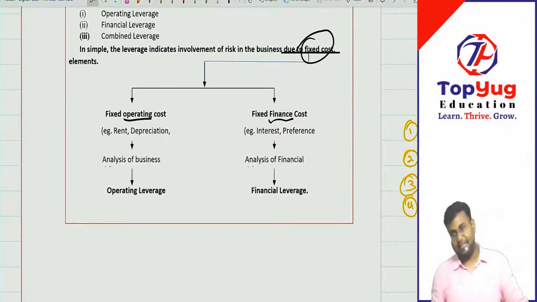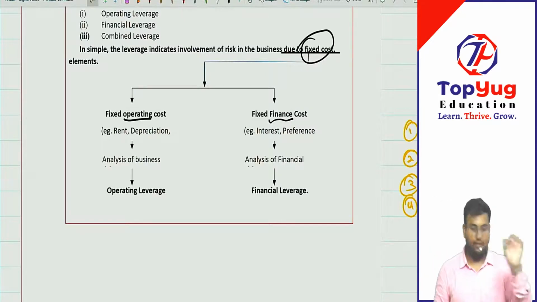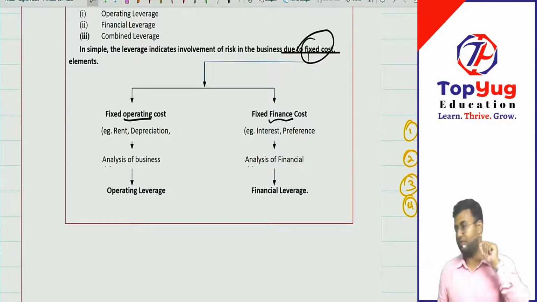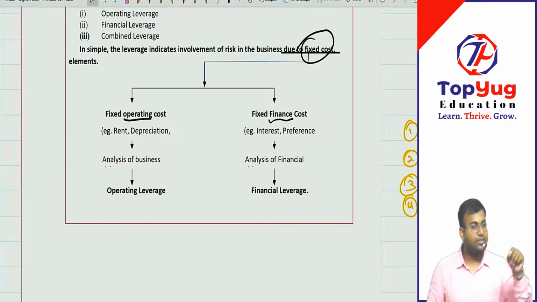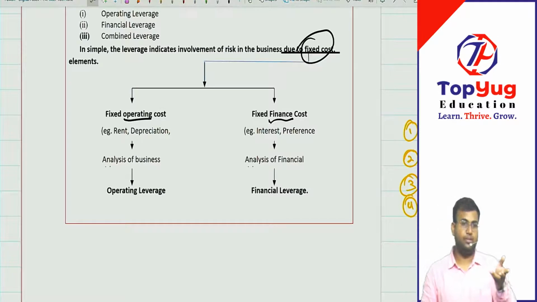Now we are going to the second part of your subject name: manage. Can you manage interest cost? Can you manage operating cost? Obviously you can manage.